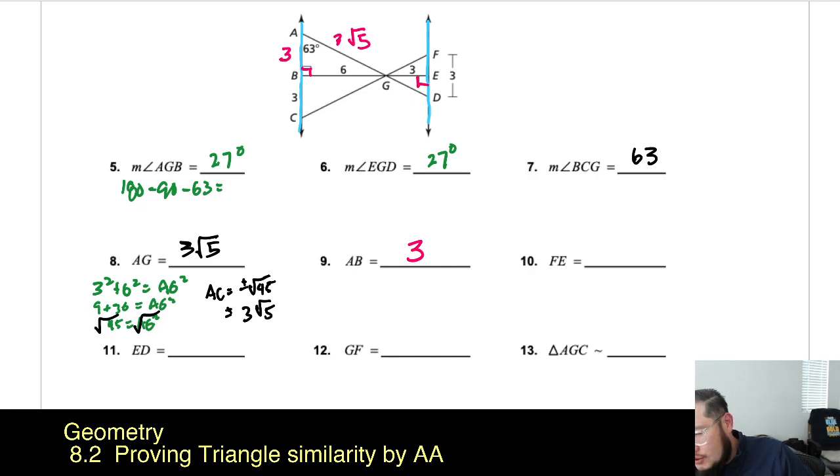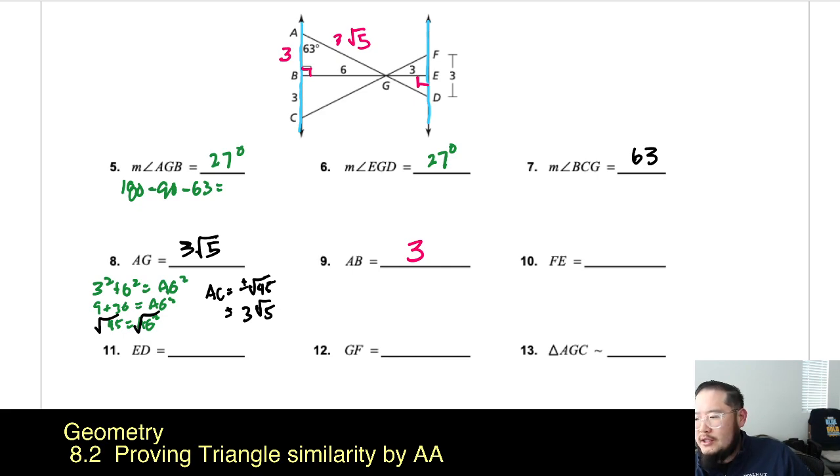Okay, so what it looks like right here is that we have these triangles that are similar also. We have angle similarity. Think about triangle AGB and triangle DGE. Right? We've got triangles that are starting to look like they're similar.